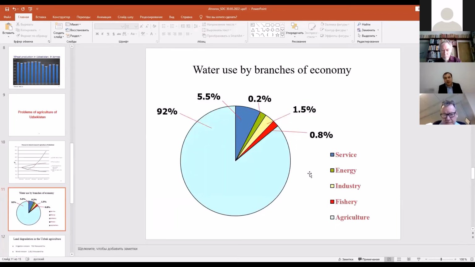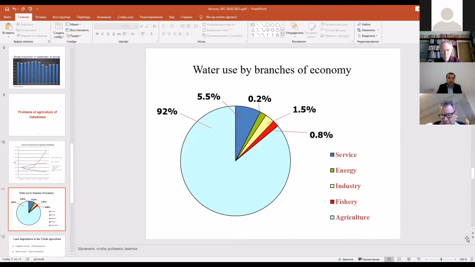Uzbekistan, probably a topic for future lectures, is the biggest consumer of water resources in Central Asia, just because of its share of population. And here you can see that more than 90% of this scarce resource is consumed by agriculture.